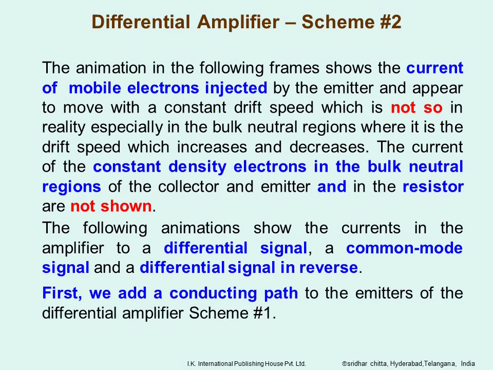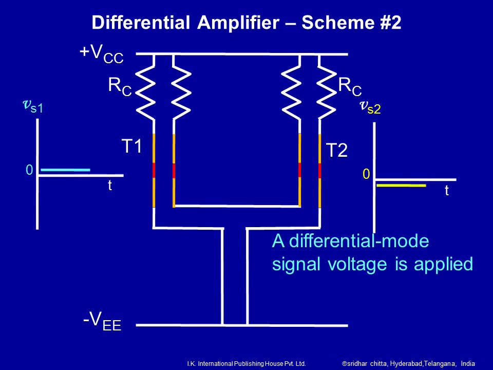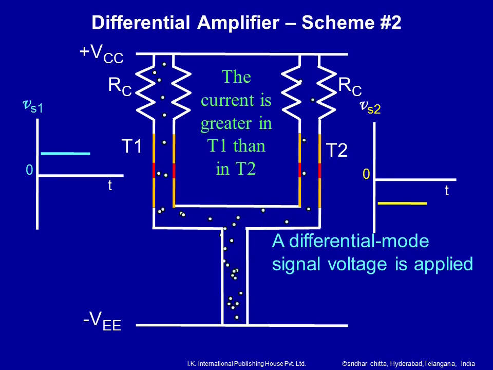First, we add a conducting path to the emitters of the differential amplifier scheme 1. A differential mode signal voltage is now applied. The current is greater in transistor T1 than in T2.